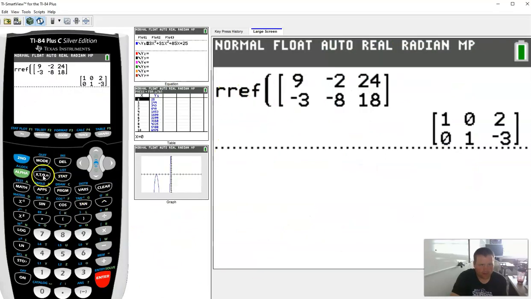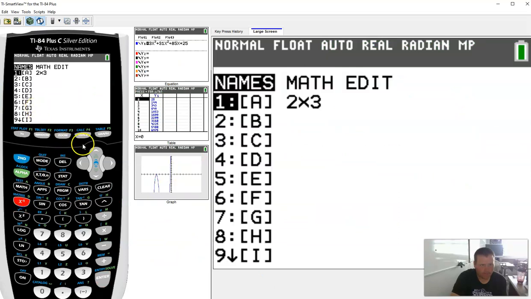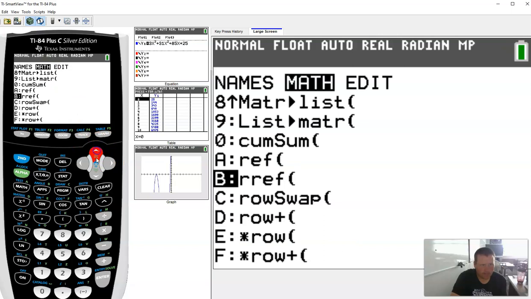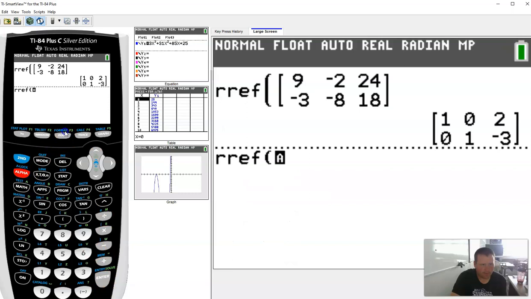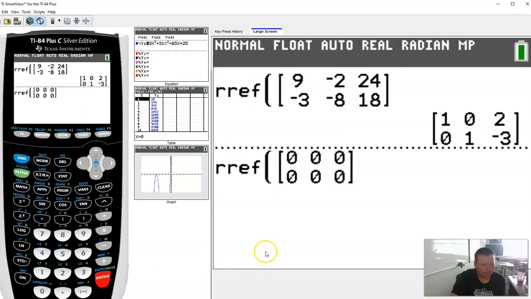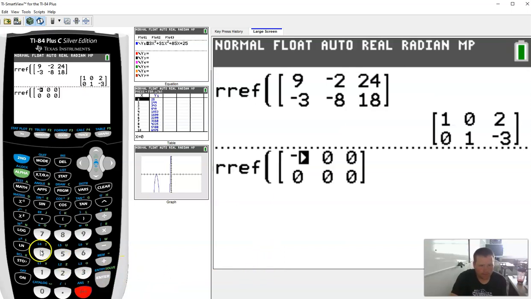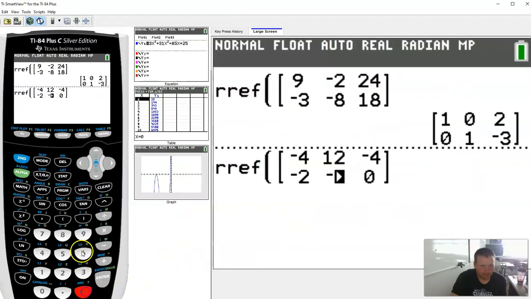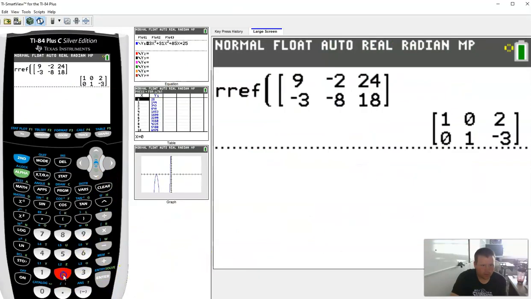Again, if you're using one of these calculators, we hit second, x to the -1, arrow to math, so right, and then up arrow to option B. And then we go alpha zoom, go a 2 by 3, and then we put that same matrix in there: -4, 12, -4, -2, -6, and 22.